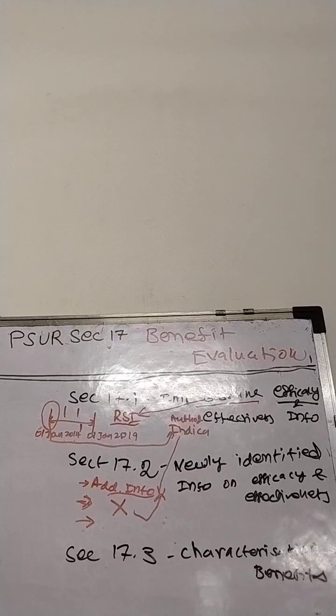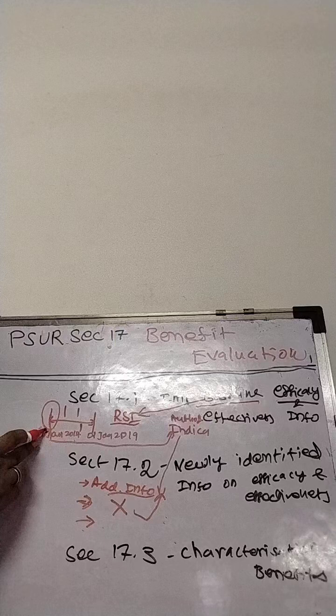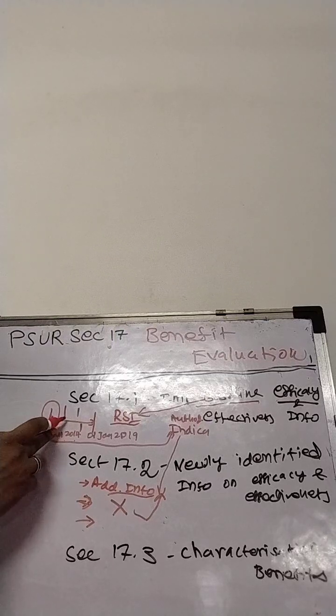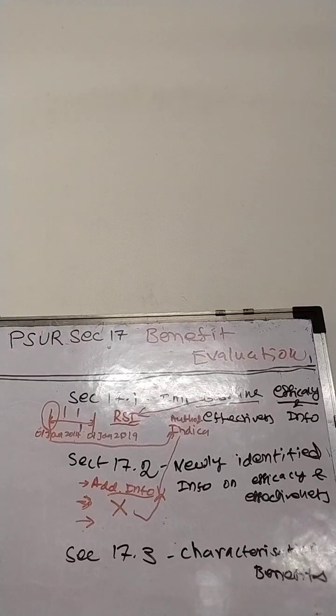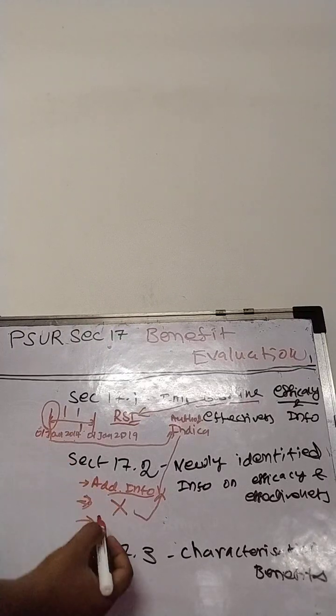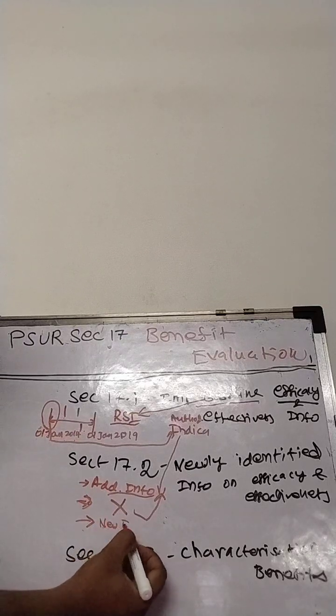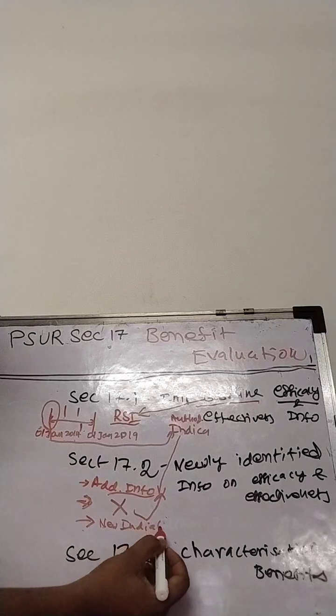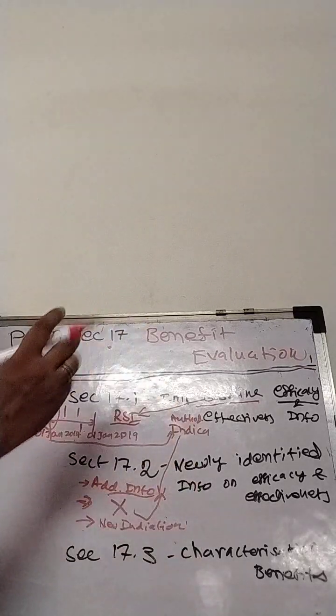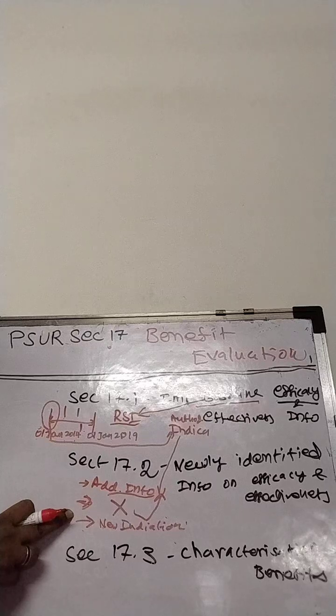Any new indications that have been authorized? Because here you have taken the initial RSI, and the RSI might have been updated or revised twice or thrice. During that time, some new indications might have been approved by the health authority. You can list down the new indication and focus on it, not a problem. That is what this section talks about.